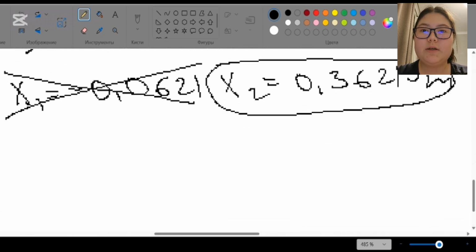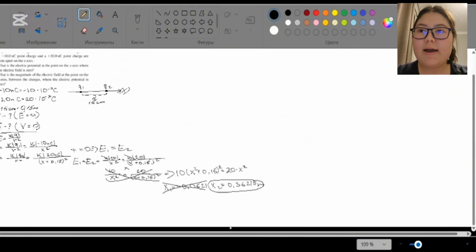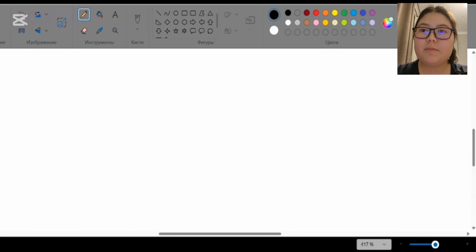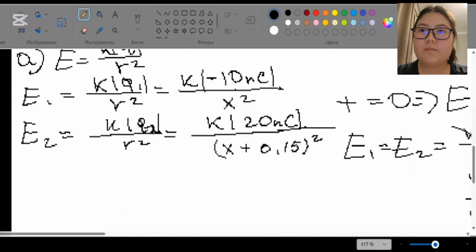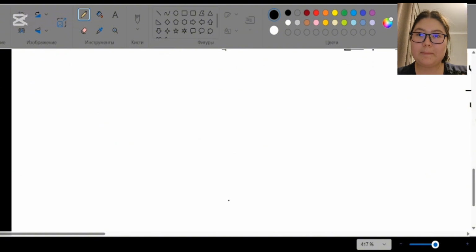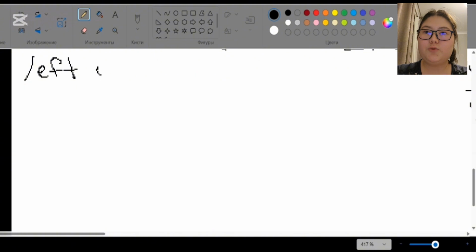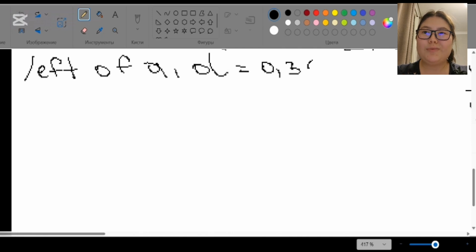It is in meters. Let's now find our electric potential. As I said earlier, the distance will be left of Q1, and it is equal to 0.362 meters.